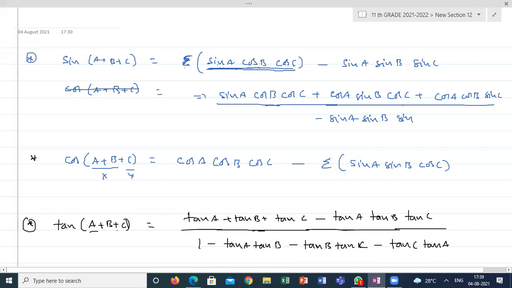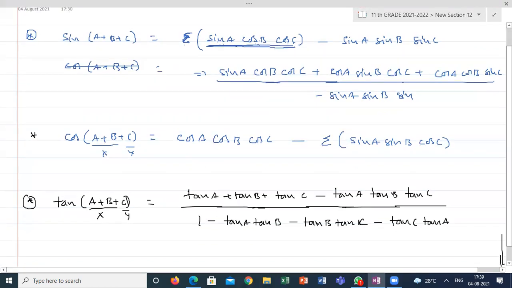Here also same. You can take A plus B equal to X and C equal to Y. Expand again, expand A plus B. Clear, guys? Last one before going to the numericals based on this.